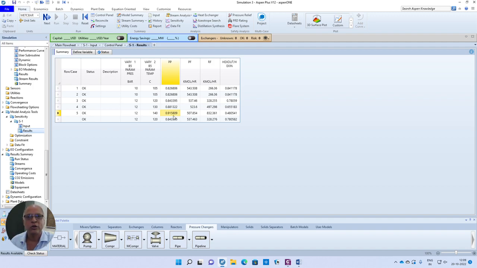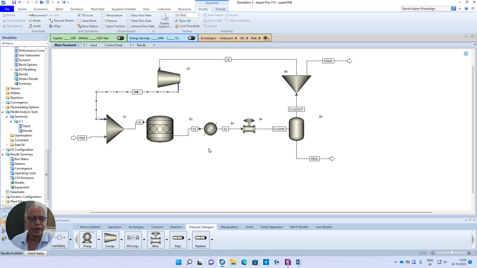So this kind of analysis can be done, even though the flow sheet seems to be simpler. Now, the major decision is what is the temperature and pressure at which you need to operate the flash column, which is going to affect the product flow, product purity, recovery, recycle rate.